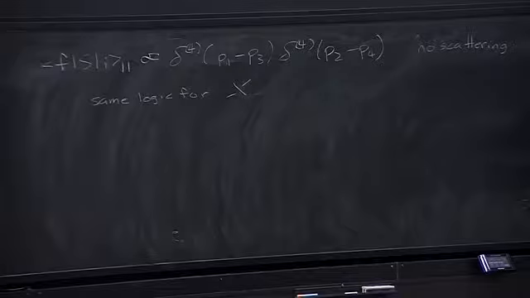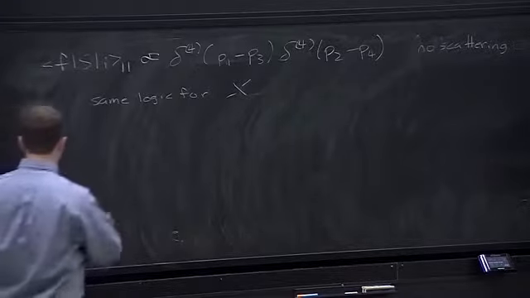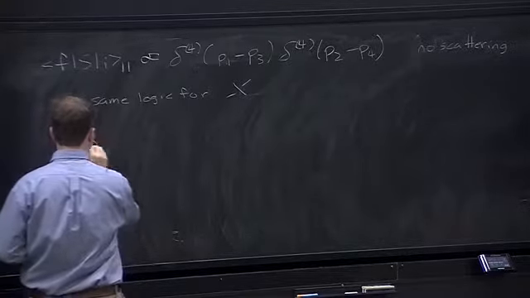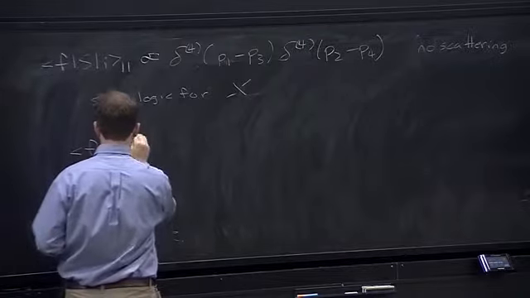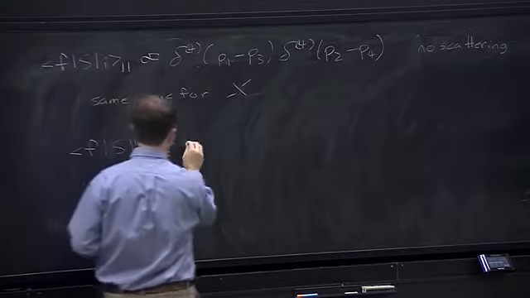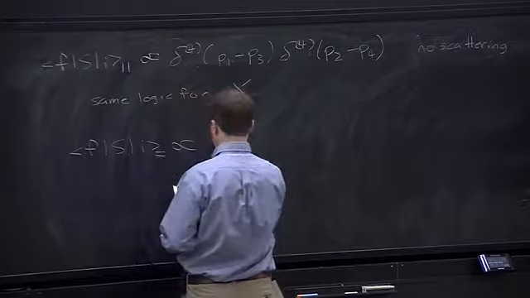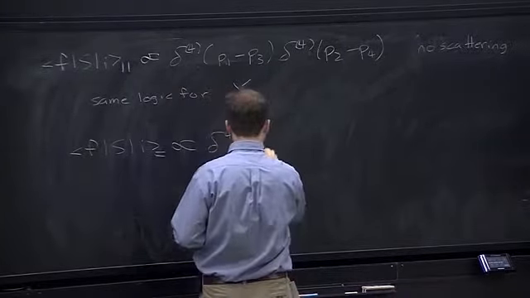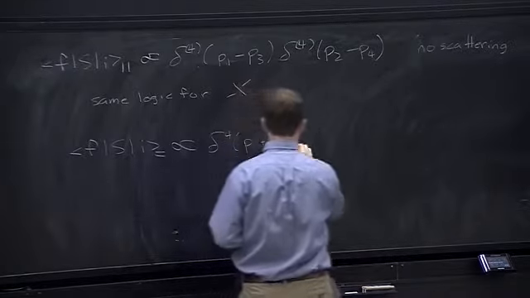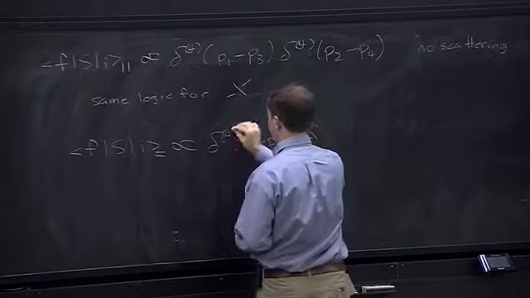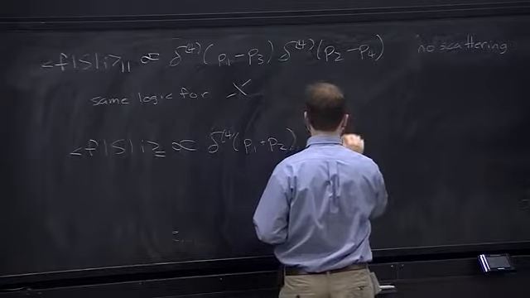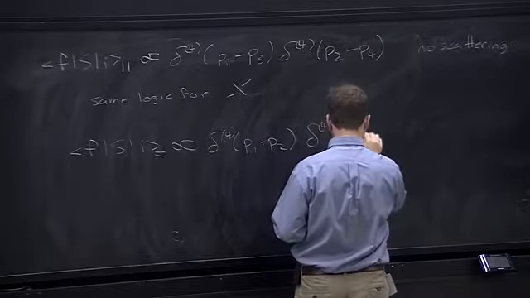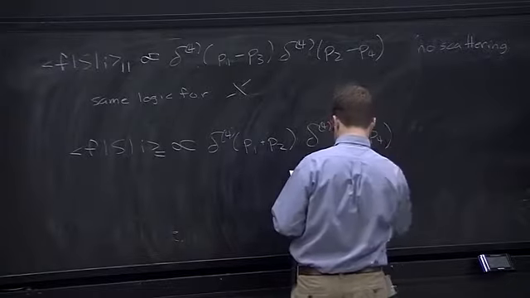So what about this diagram? This diagram is even worse. For this diagram, the amplitude is proportional to a delta that sets P1 equal to minus P2 and P3 equal to minus P4.